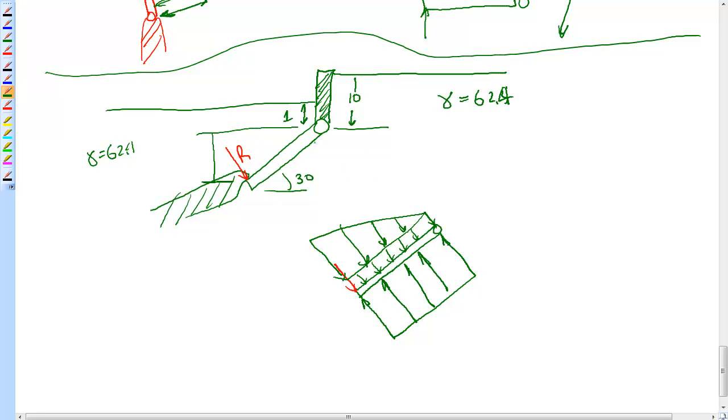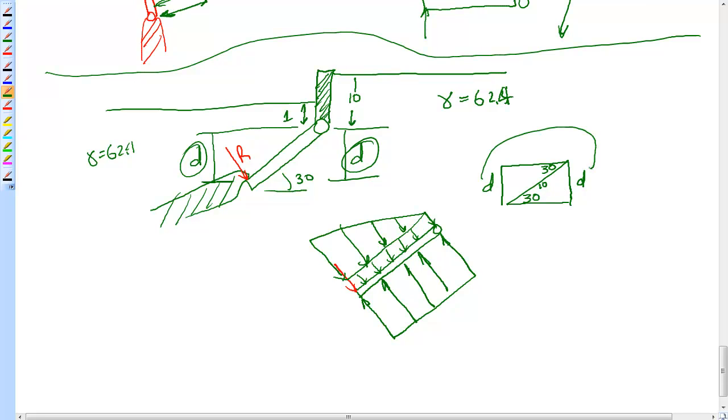Now, as it turns out, if you look at the left side and you look at this distance, say D, it's the same as if you were on the right side. That distance on here is the same as that distance. It's kind of like saying, let's draw a triangle. This is 30 degrees. This is, say, 10. What's the distance here and what's the distance here? Well, they're the same, but we don't care about that.